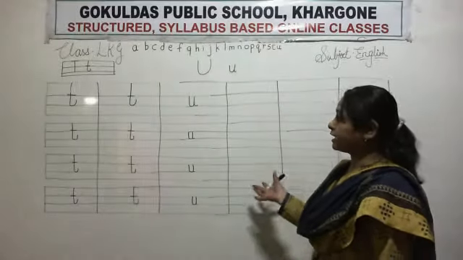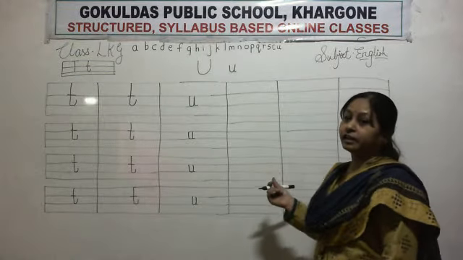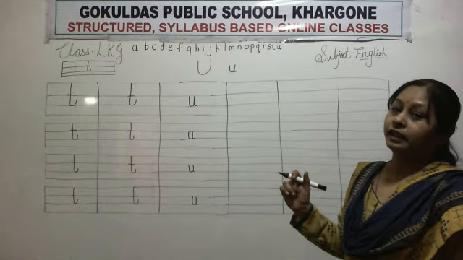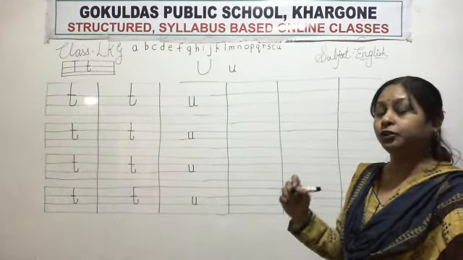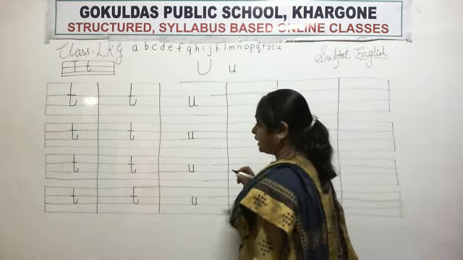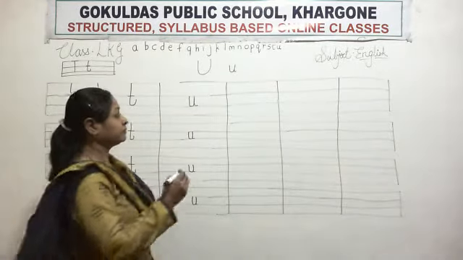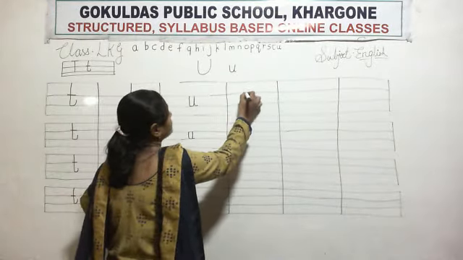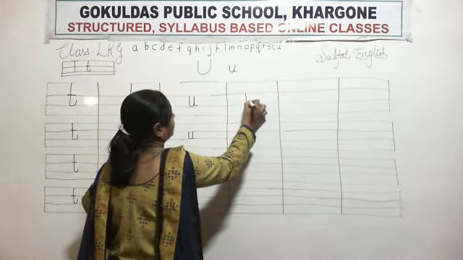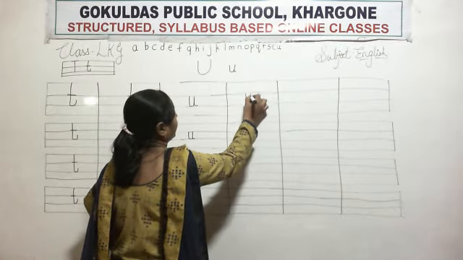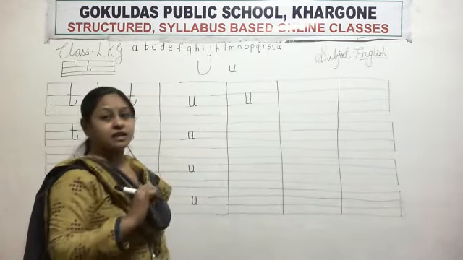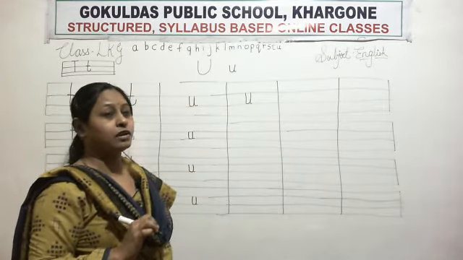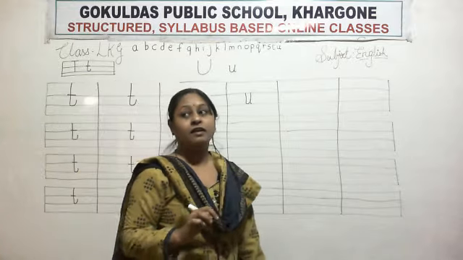Okay. Now in the next line again we will write letter U. So how will you write letter U? Look here. Standing line, curve, upward and down, small tail. So it's letter U and the sound of letter U is up.